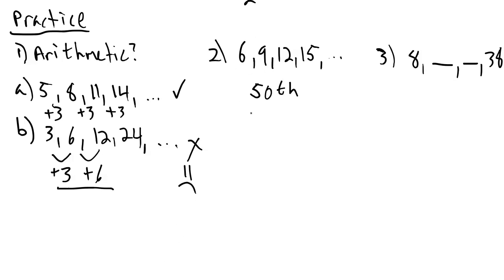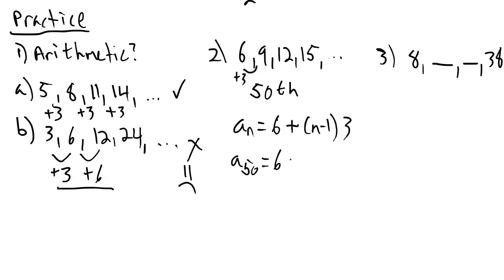For problem 2, we're looking for the 50th term, meaning we're not going to want to do this recursively. We're going to want the explicit formula. What are we doing? Well, each time we are adding 3. So our explicit definition is going to be, we start with 6. So a sub n is equal to 6 plus n minus 1, we add the common difference however many times minus 1. What's the 50th term going to be?